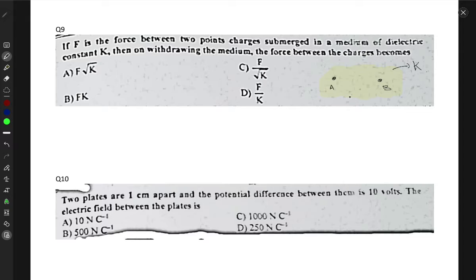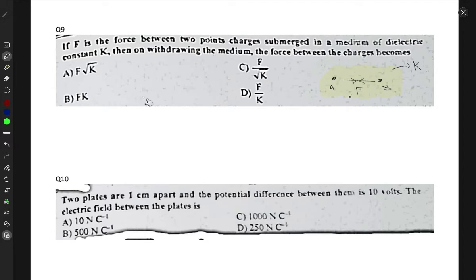So at this point, when they are in the dielectric medium, the force between these two charges is F, right? So suppose that I withdraw the dielectric medium, what force would these 2 point charges experience?